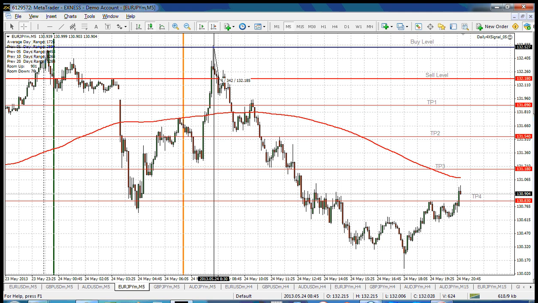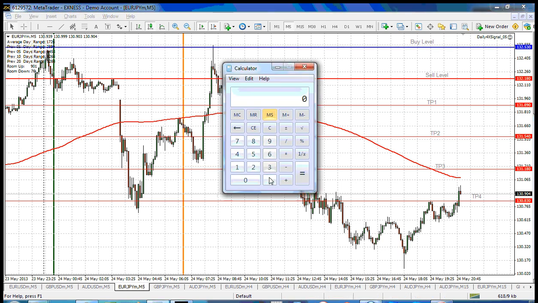But right now 34 into 4, plus 2 for the spread. So that's 138 pips we lost in just a few moments' time.